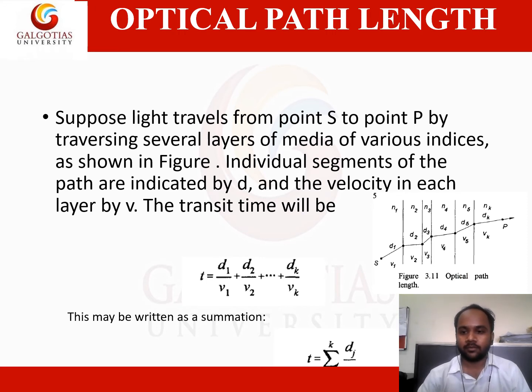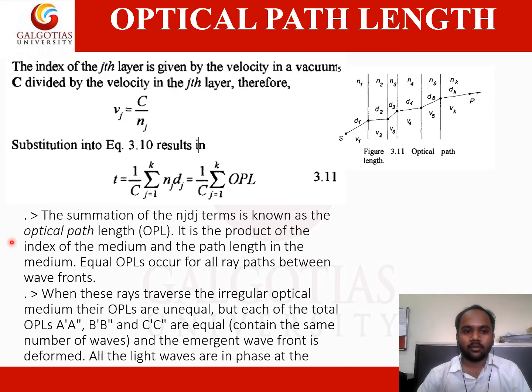So moving further, the index also plays an important role, because when the light is traveling through different refractive indices, the velocity of light will change. If you consider one particular index which is higher than the other, the higher refractive index is going to have a slower velocity than the lower refractive index.